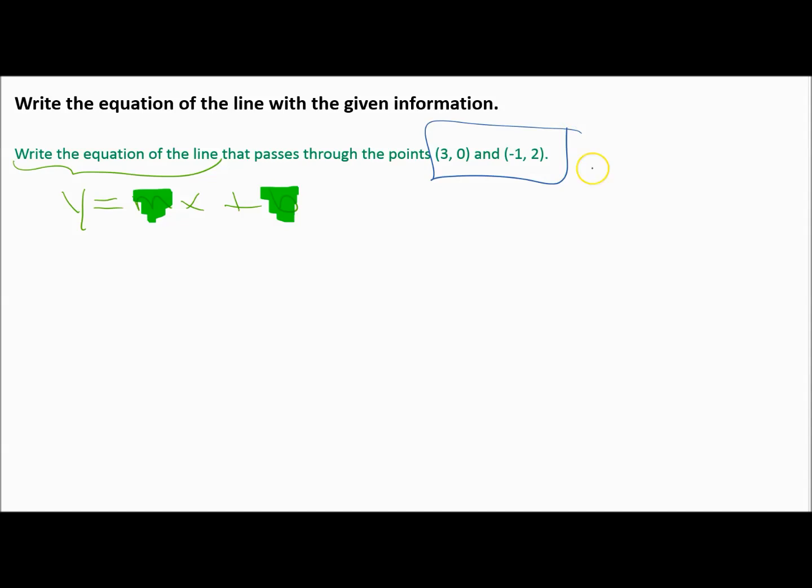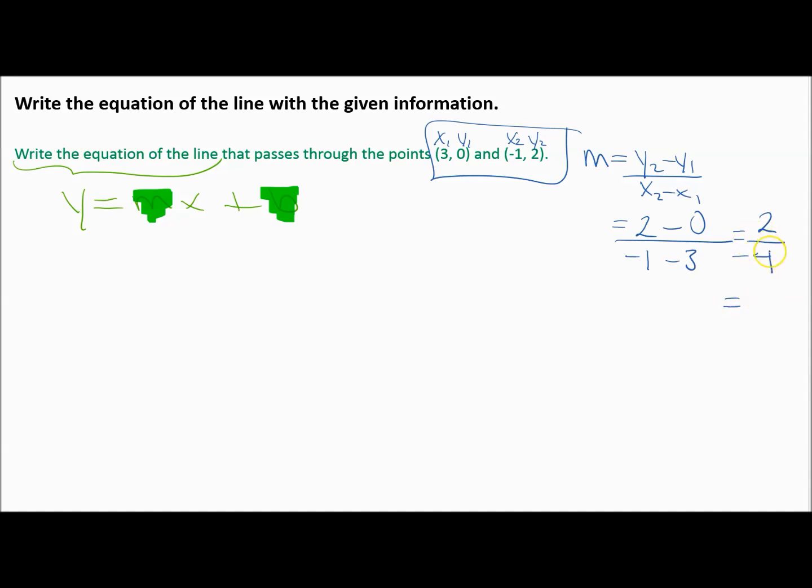So we're going to come over here to the right, and I'm going to calculate, remember, y2 minus y1 over x2 minus x1. We're going to see this is x1 and this is y1, and my second set is x2 and y2. So y2 is going to be 2 minus y1, which is 0, divided by x2, which is -1, minus x1, which is 3. 2 subtract 0 is 2. -1 subtract 3 is -4.